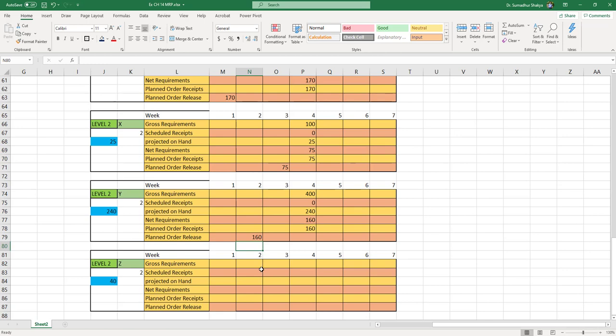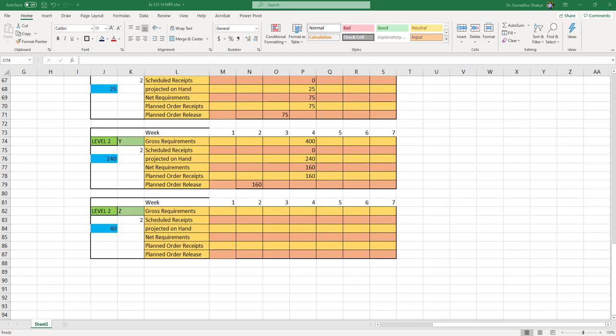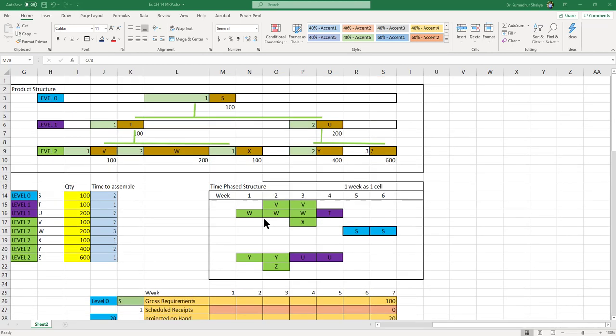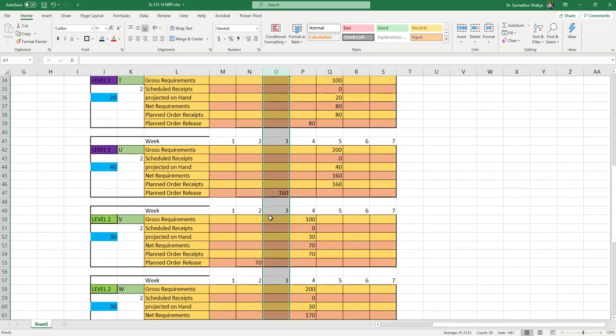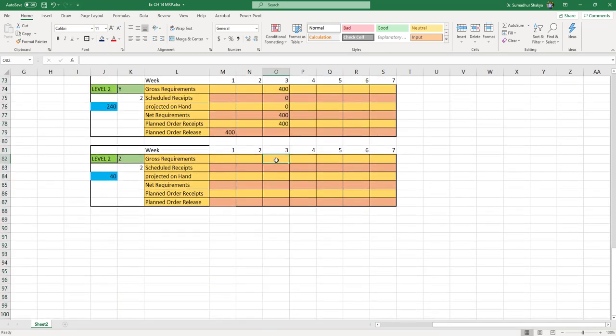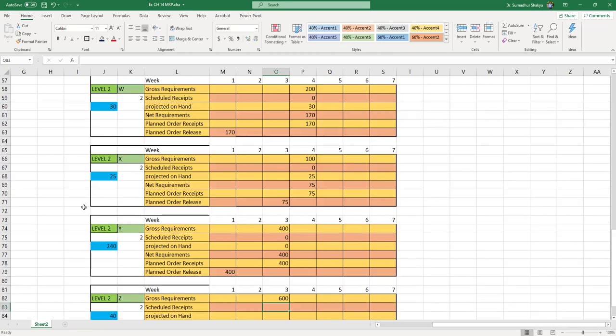The last one now is Z. So Z is in this column, so I'm going to start with Z equals 600.